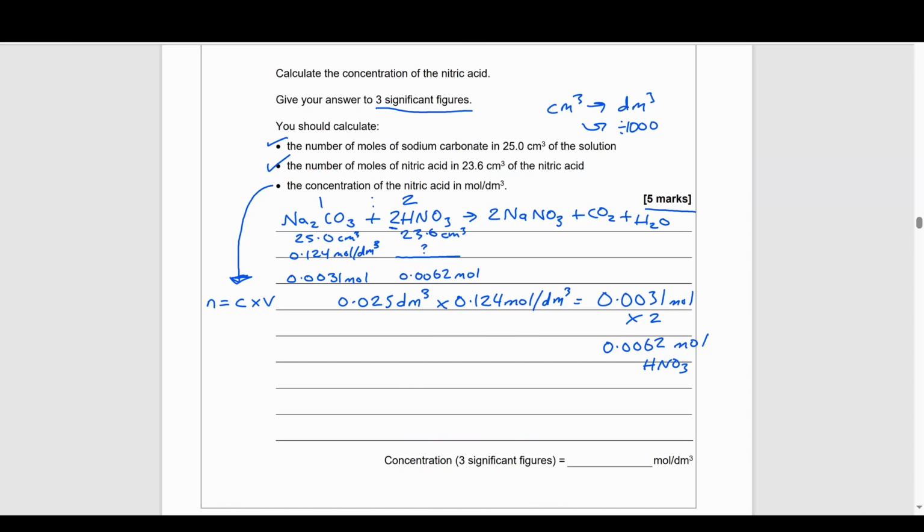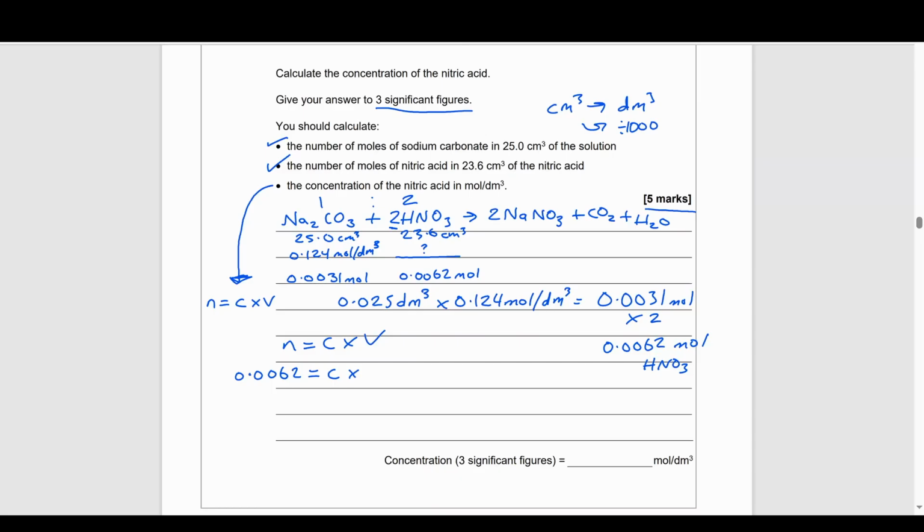So what have we got this time? Well, we've got the number of moles. Our number of moles of nitric acid is 0.0062. Our concentration, we don't know, we're trying to find that. Our volume is 23.6 centimeter cubed.